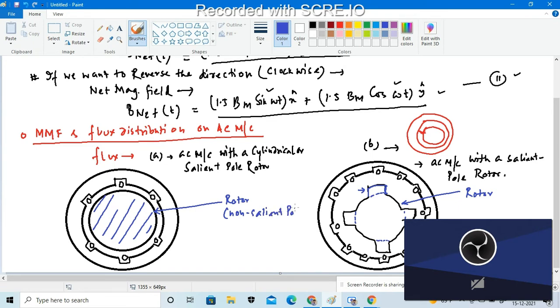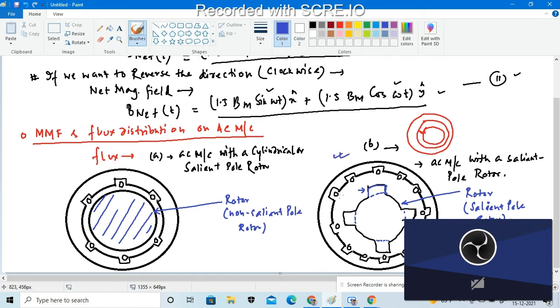And this is a salient pole rotor, because the pole face of this particular rotor is projected out from the cylindrical surface.